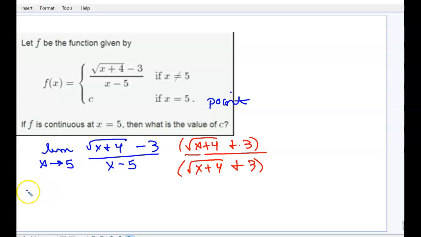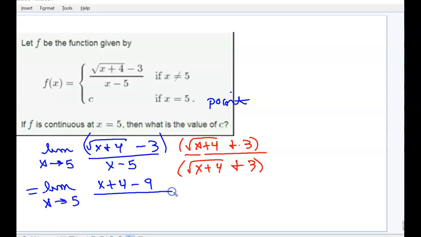So this is going to equal, and remember we only multiply out the conjugates, root x plus 4 times root x plus 4 is x plus 4. When I multiply the conjugates, the middle terms will cancel, and minus 3 times positive 3 is minus 9. And this is all over (x minus 5) times (the square root of x plus 4, plus 3).